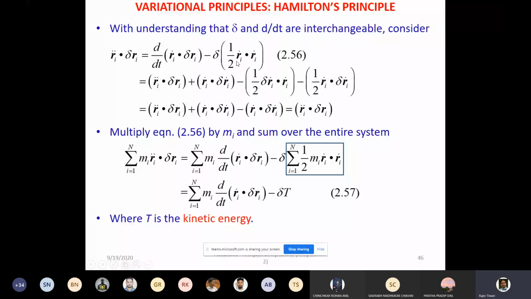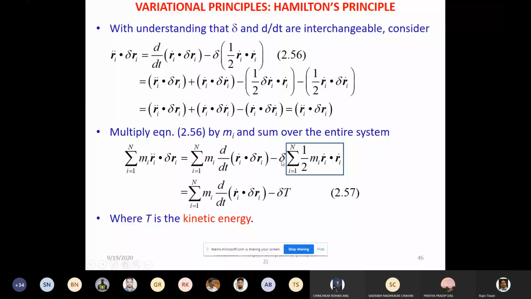So when I put this in, I'm basically getting two terms from this. One is this, another is this. And here the summation and the variation operator can be interchanged. So the variation operator has been kept outside, and the summation and the variation have changed order here.